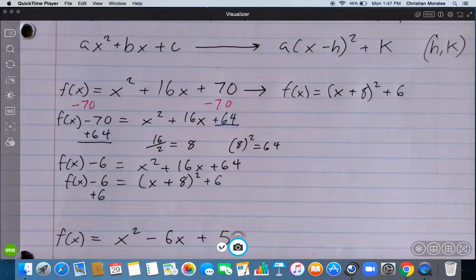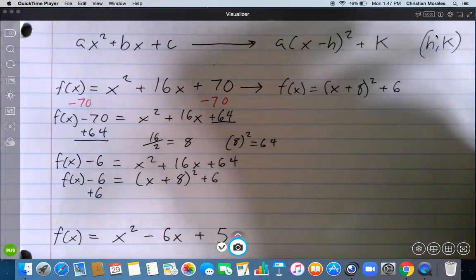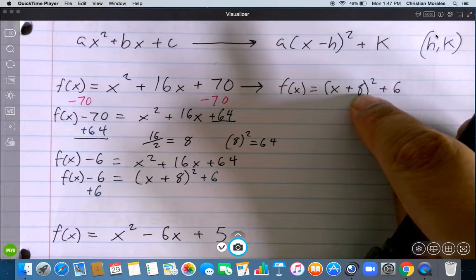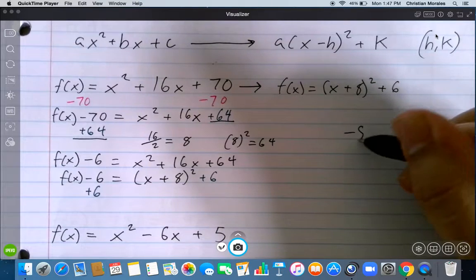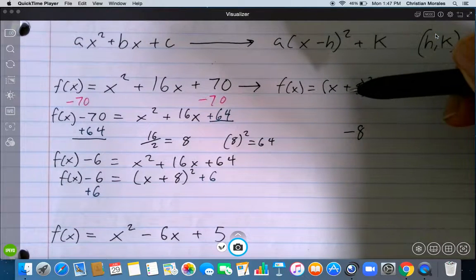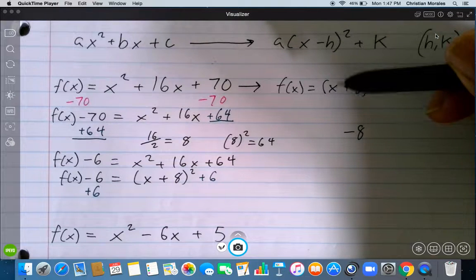That's our answer. Now, also, to identify the vertex, it wants the h and the k. So what is the h and the k for this? Well, the h is negative 8. I know it's weird, but think about it. The formula needs a negative sign, but they don't have a negative. They had a positive. How do you change a negative sign to a positive when you plug in the number?